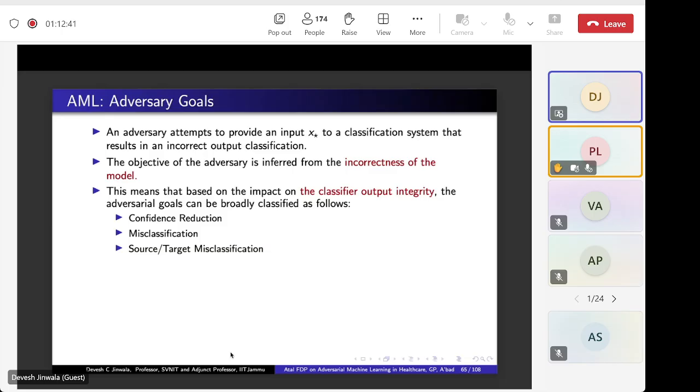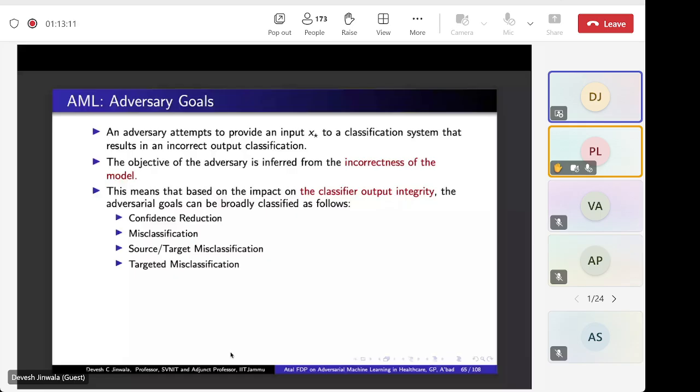And I'm using this classification with a very calibrated view that a particular entity is classified as a particular something else only. Misclassification is a weaker form, this is a stronger form. And just as we have source-target misclassification, the strongest form of the goal is targeted misclassification, the adversary wanting classification to be done in a specific manner. I talked about a heroine in Hollywood being identified as a separate person.